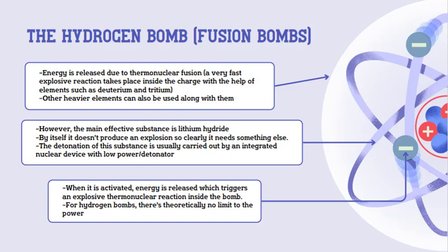The detonation of this substance is usually carried out by an integrated nuclear device with low power called a detonator. When it is activated, energy is released, which triggers an explosive thermonuclear reaction inside the bomb. For hydrogen bombs, there's theoretically no limit to the power.